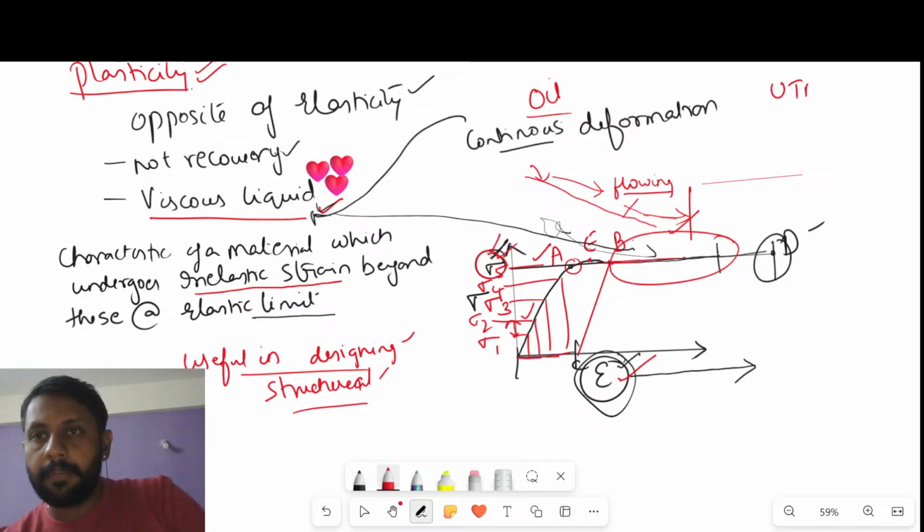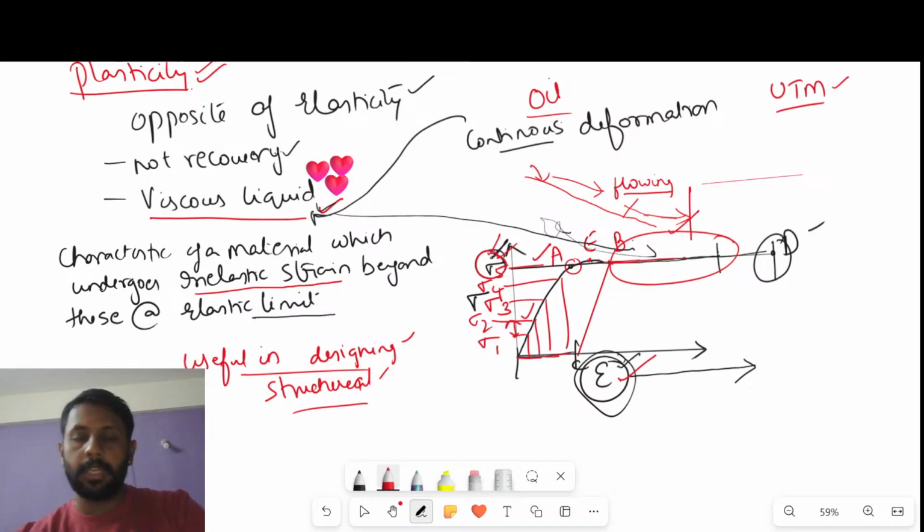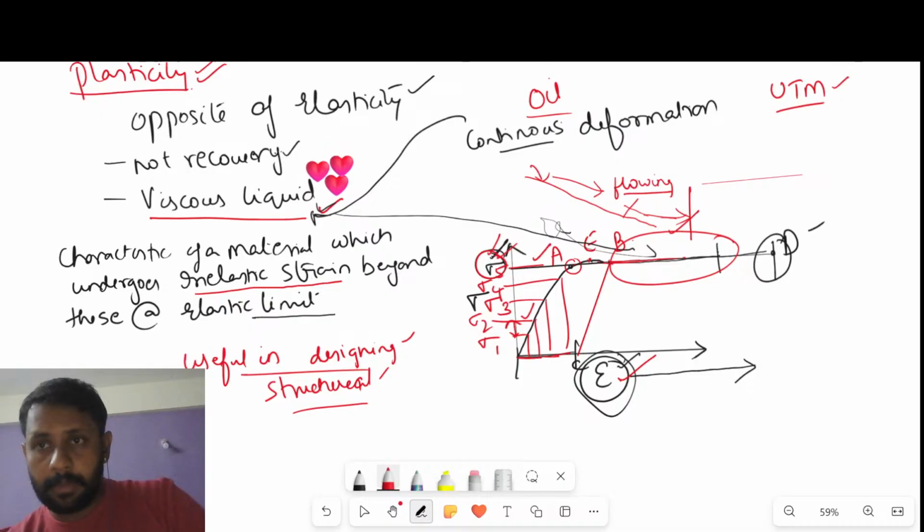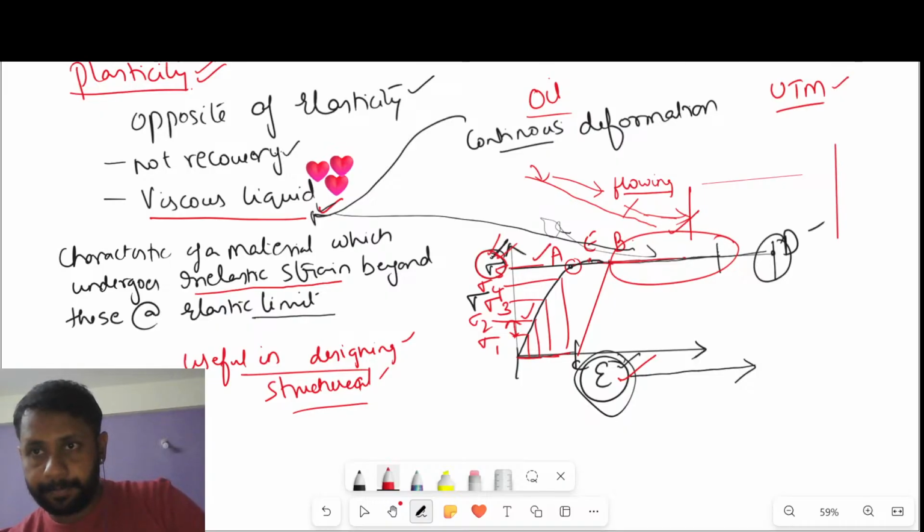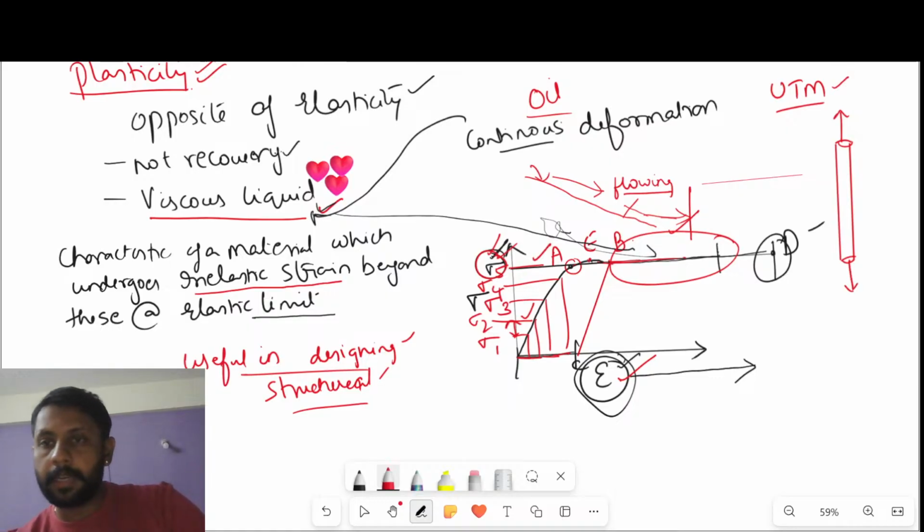How do you find out this elastic property and plastic property? I think you must have done UTM, universal testing machine. You take a steel rod and you try to expand it. You try to apply pull. What happens to the material? After you apply pull, the steel rod will not be the same.